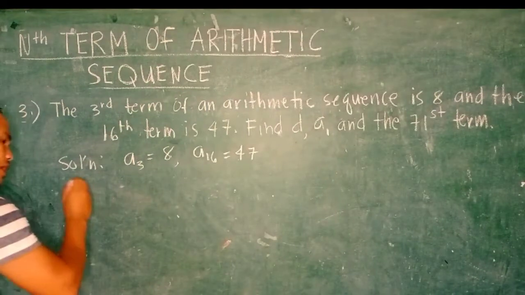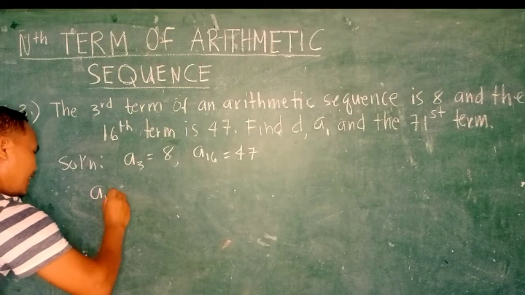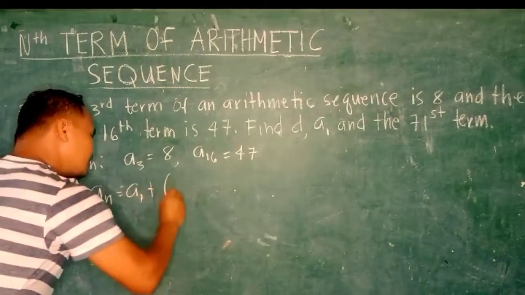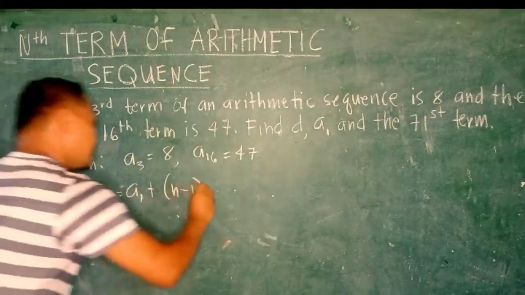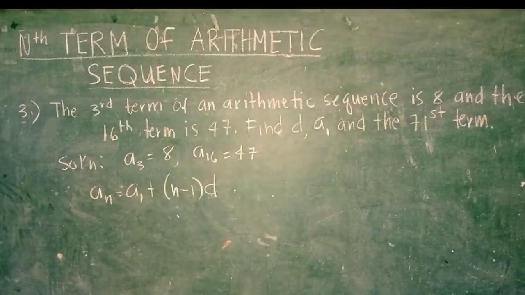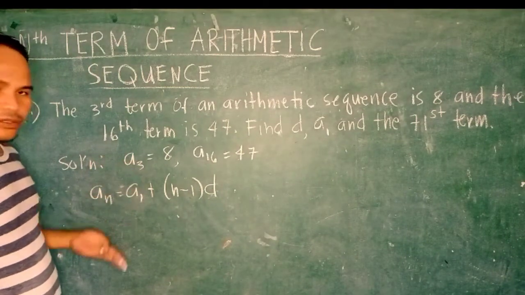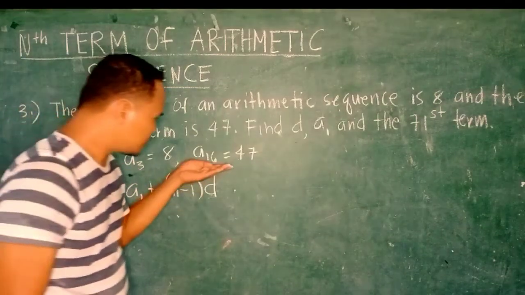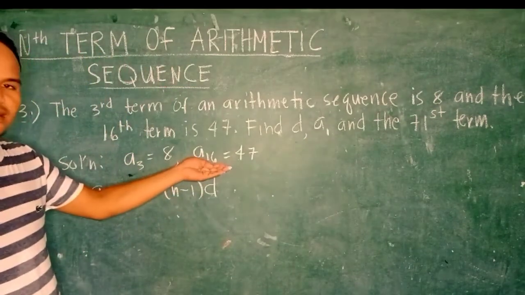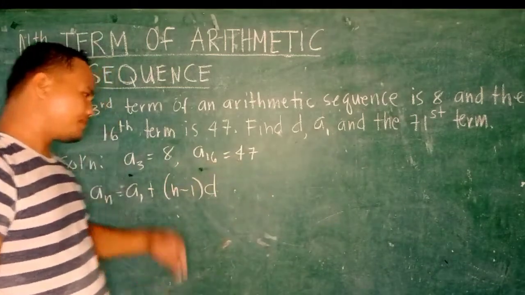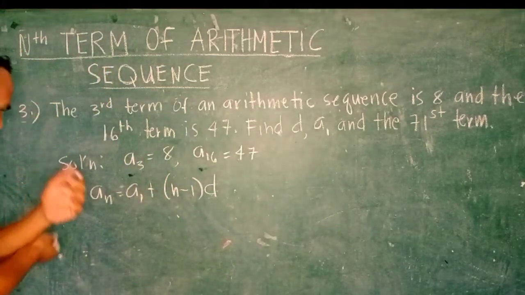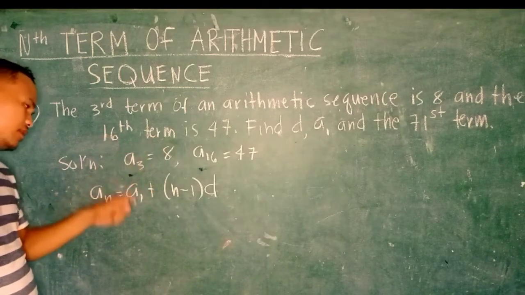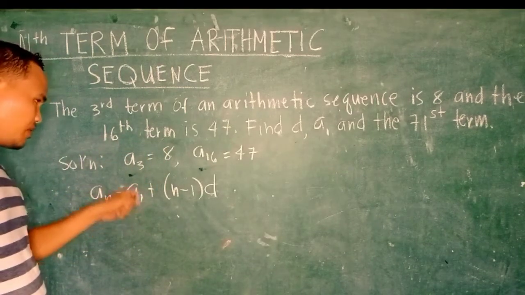Okay, if we use the formula, a sub n equals a sub 1 plus n minus 1 times d. Ang atong given nag-start sa a sub 3. Ang atong last term nga gihatag na a sub 16 is 47. Now, the formula is a sub 1. So we cannot substitute a sub 1 because this is the third term.